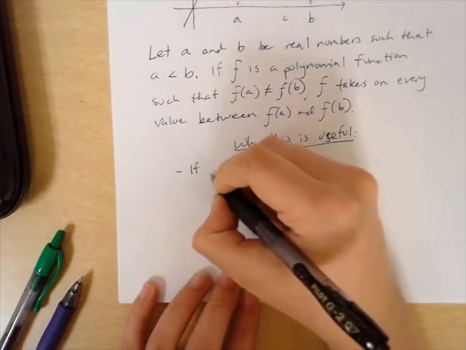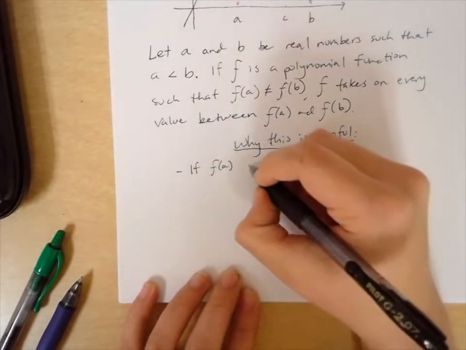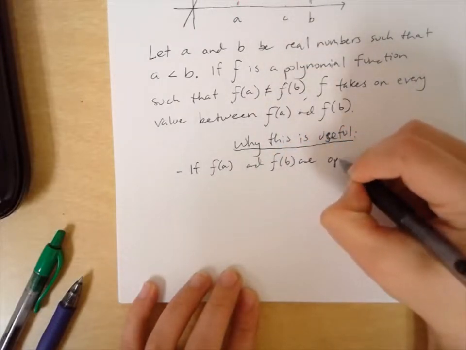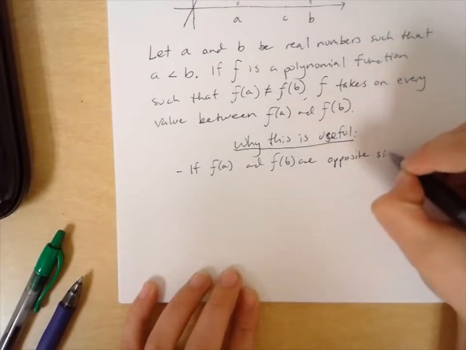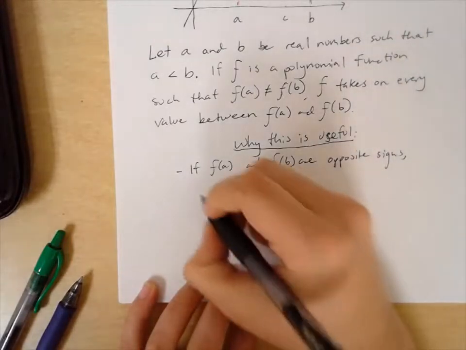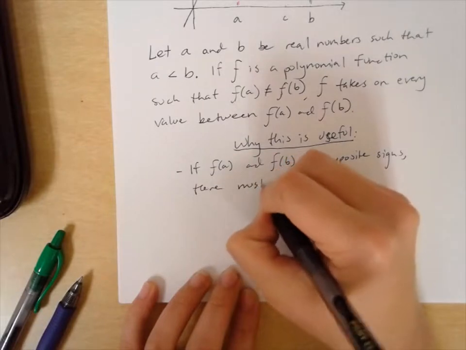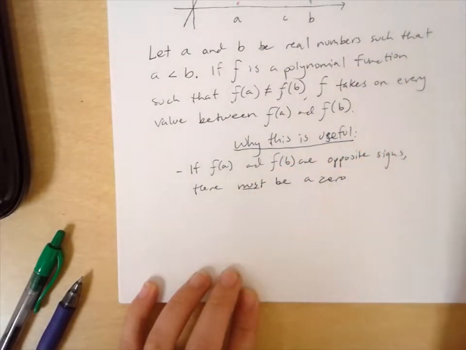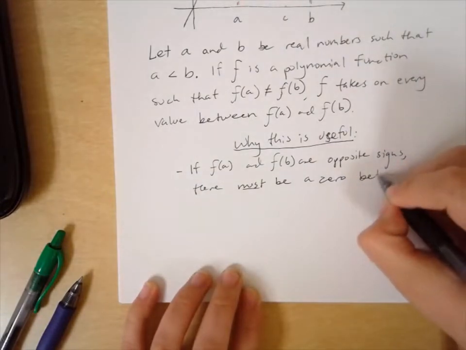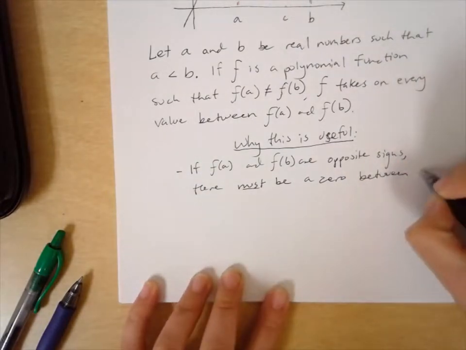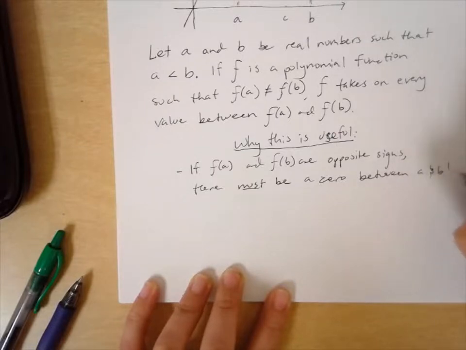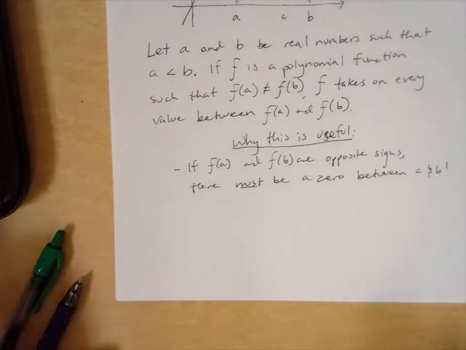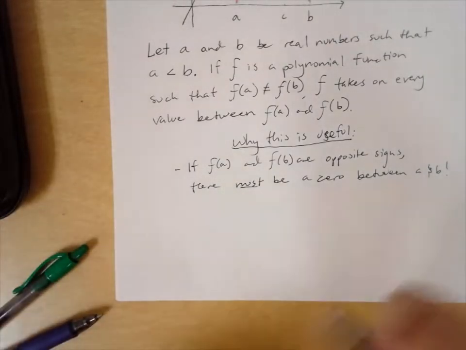If f of a and f of b are opposite signs, there must be a 0, a root to our polynomial between them. Between A and B. And that's just such a revelation, we're going to put an exclamation point next to it. Wow, how cool. And here's a little picture as to why.